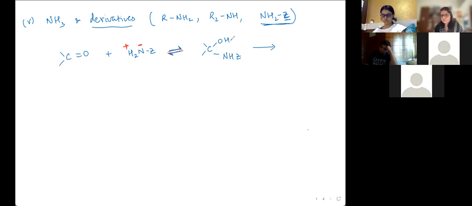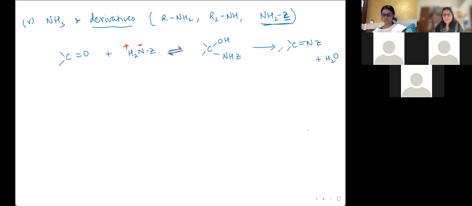There is elimination of water again, and this ends up turning into C double bond N Z plus H2O. So the water comes from the ammonia derivative group and this OH. These two get eliminated. So these are also sometimes called nucleophilic addition and elimination reactions, because in the first step addition is happening, and in the second step elimination is happening.